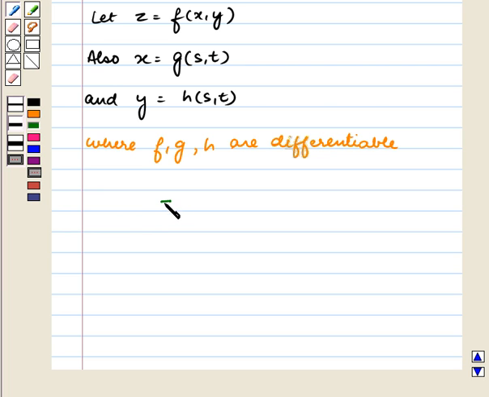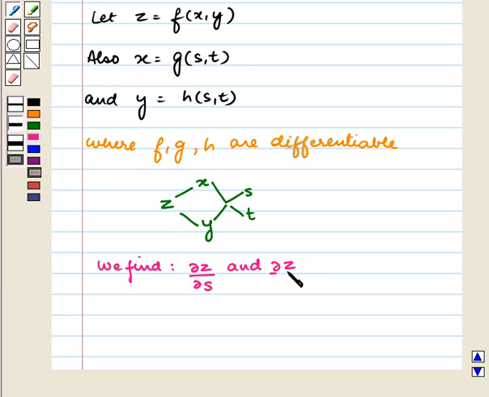So here we have z is a function of x and y, and further x and y are functions of s and t. So we find the partial derivative of z with respect to s and the partial derivative of z with respect to t.